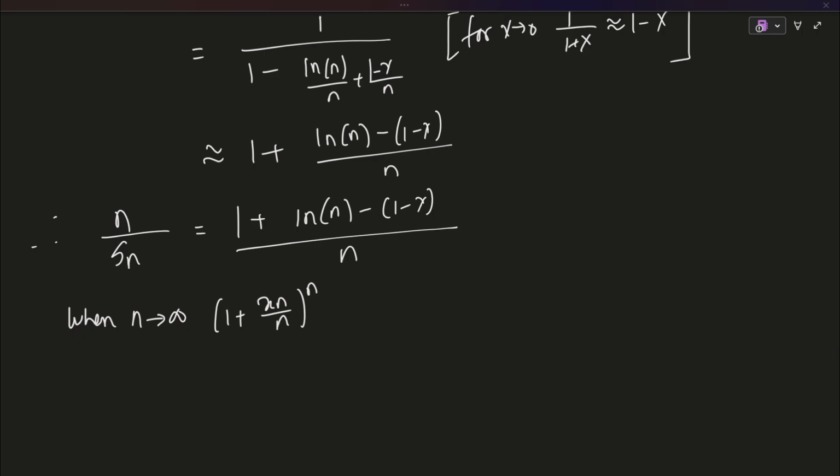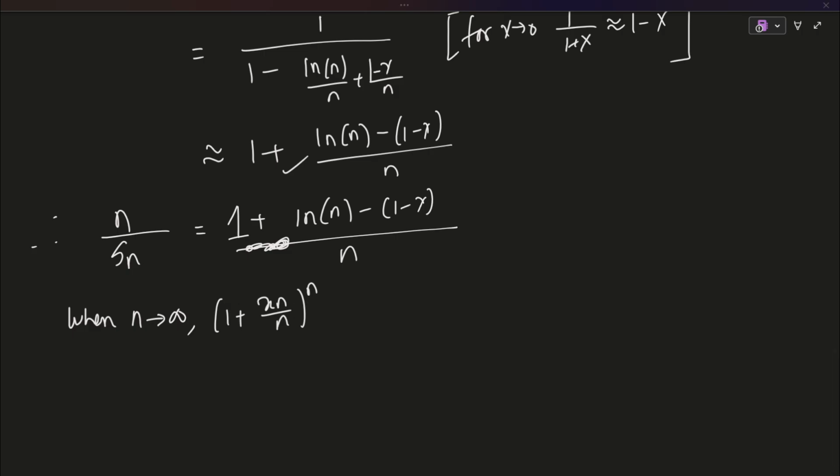By the way, we have 1 outside plus this; it was just a mistake of writing. So when n tends to infinity, we essentially have something of this form, where 1 plus xn by n, whole to the power n, and xn is a sequence.